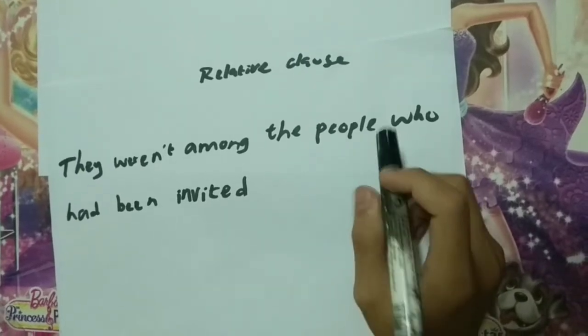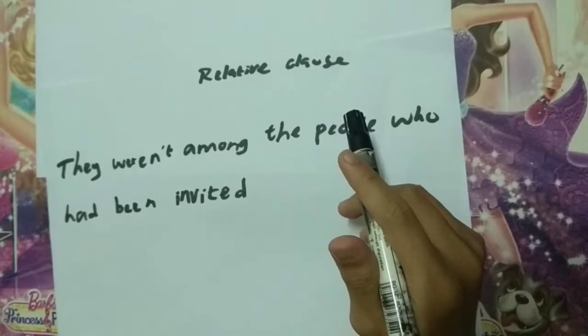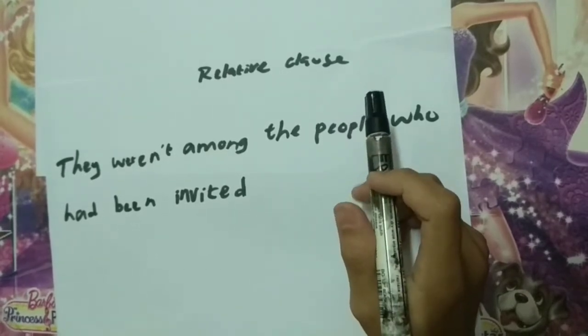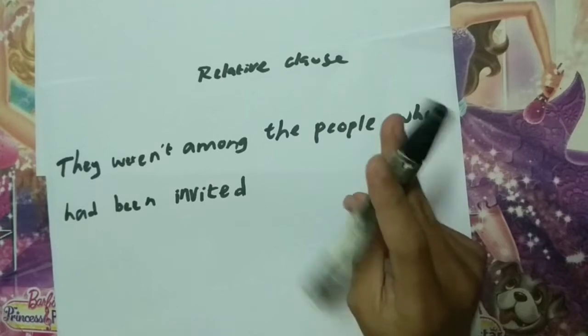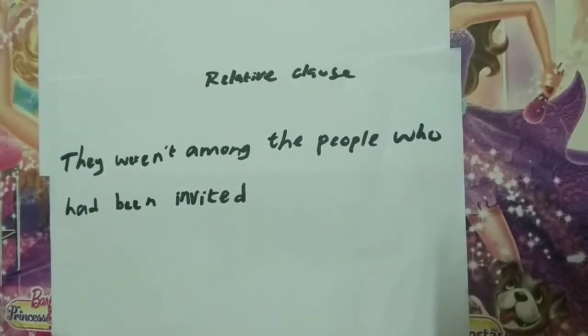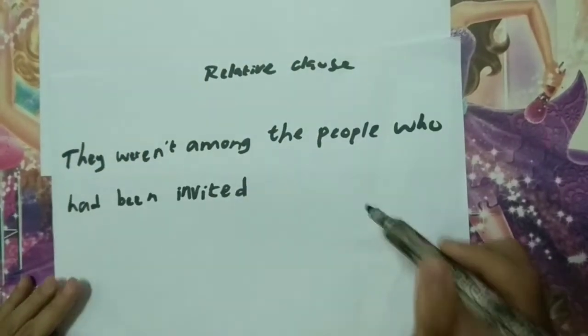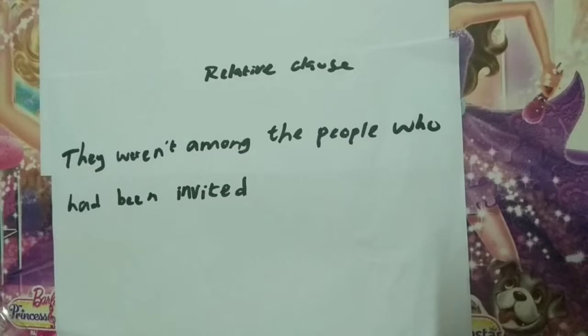In a relative clause, the subordinate clause characterizes the main clause because an adjective cannot stand alone without a noun. So let's see the sentence. They were not among the people who had been invited.